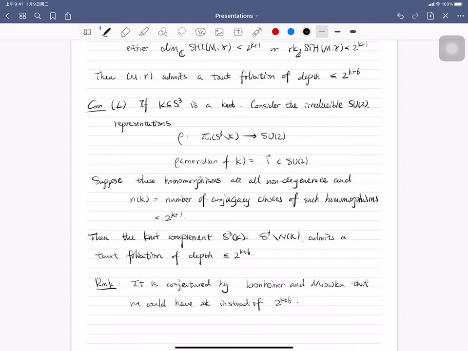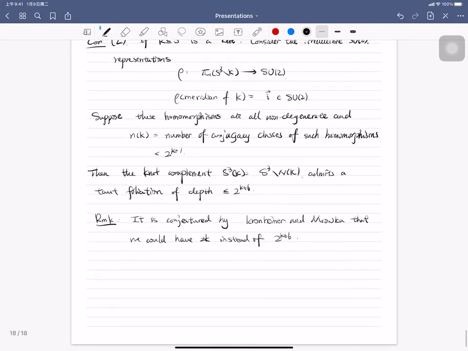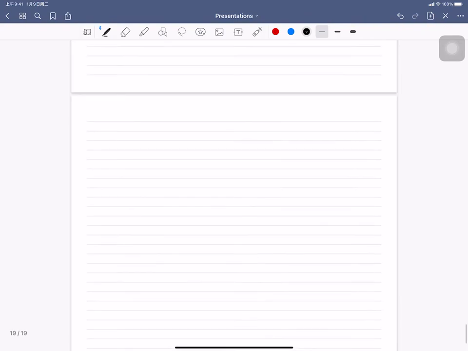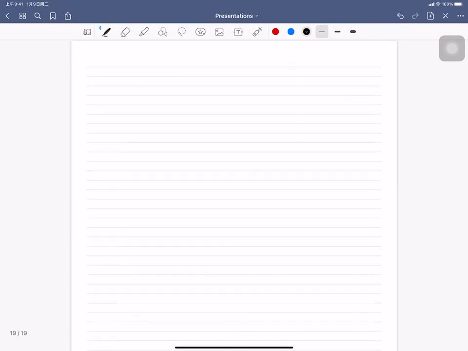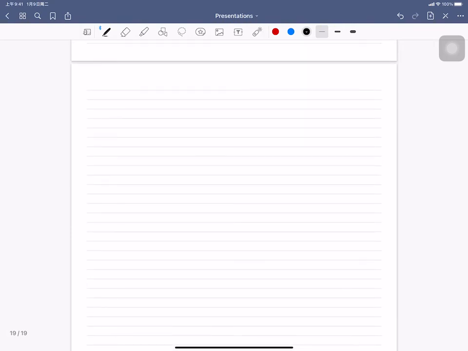All right. In the last 15 minutes, I will roughly explain how we can achieve these main theorems. So how can we achieve the bound for the depths from Instanton Floer homology?